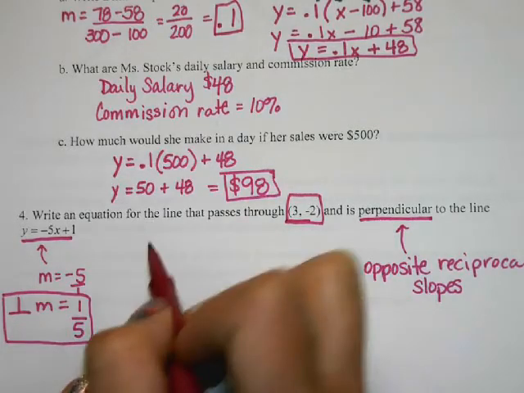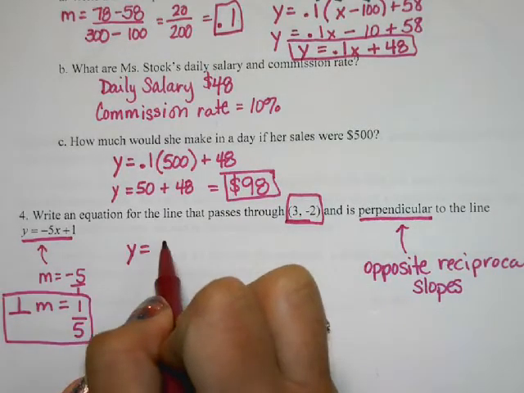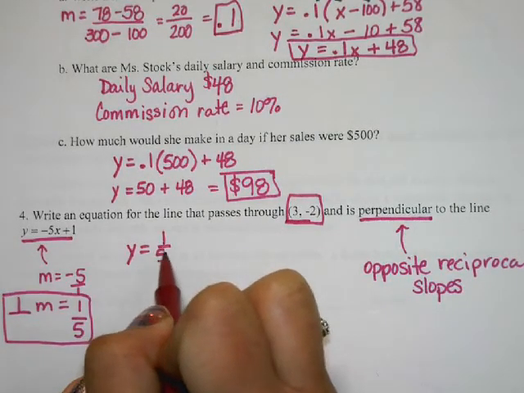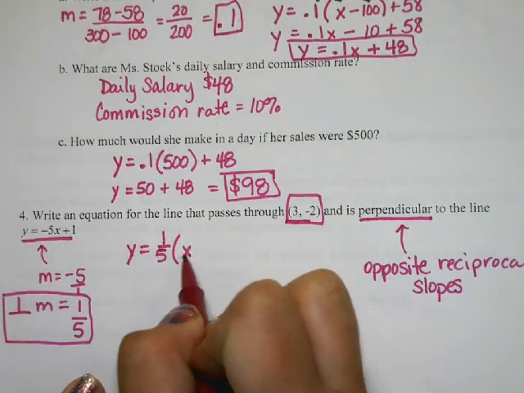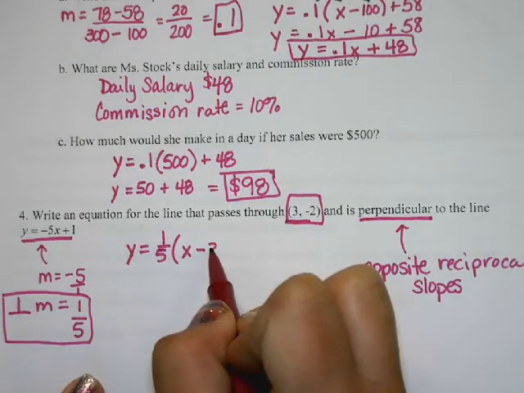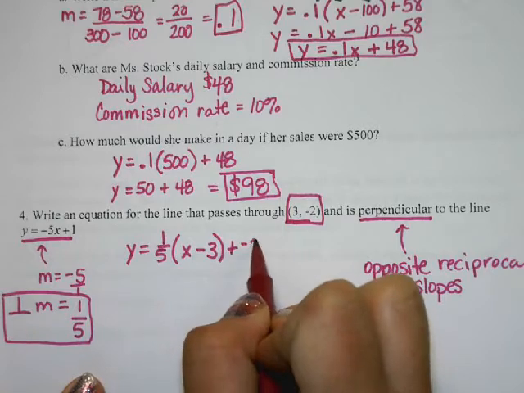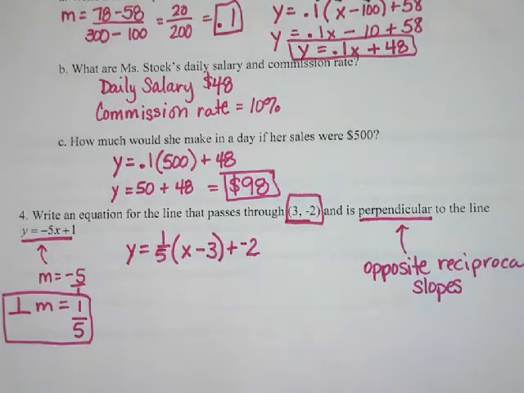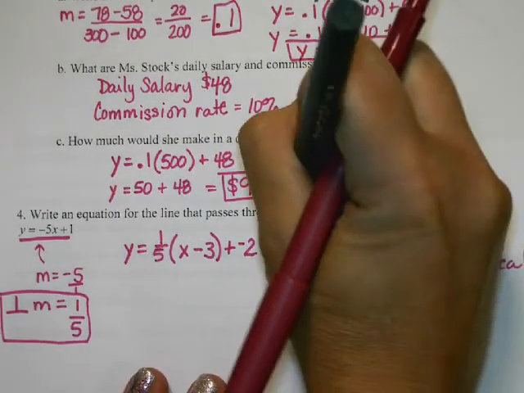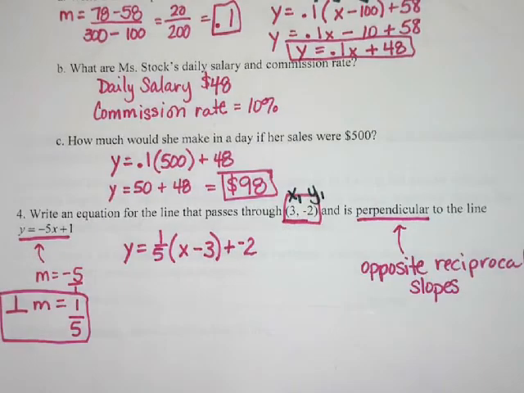Okay, let's do it. y equals my slope, m, times x minus x1 plus y1. Remember, this is x1, this is y1.